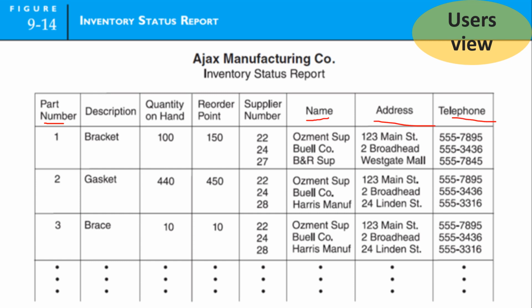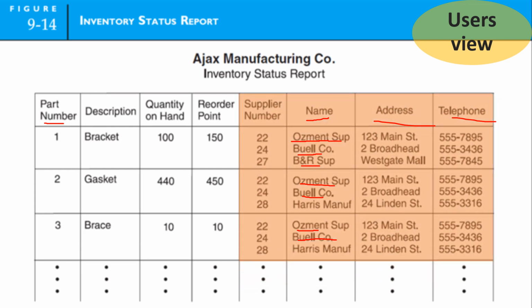If you notice, we have redundancy. Let's say we have the supplier name repeated here, again and again. The same goes for the address and the phone number. So this is what we call an unnormalized table.